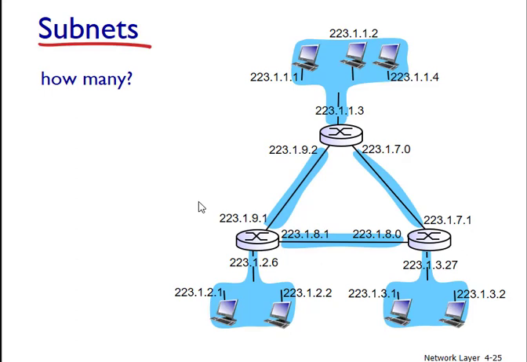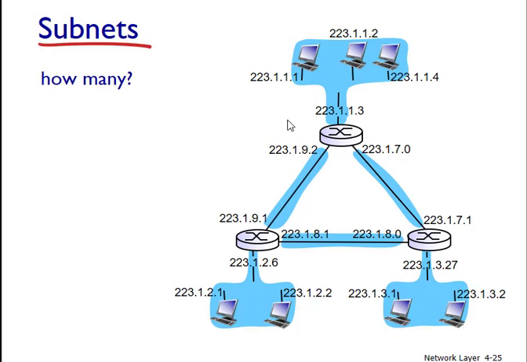The IP definition of a subnet is not restricted to Ethernet segments that connect multiple hosts to a router interface. To get some insight here, consider this figure, which shows three routers that are interconnected with each other by point-to-point links. Each router has three interfaces, one for each point-to-point link, and one for the broadcast link that directly connects the router to a pair of hosts.